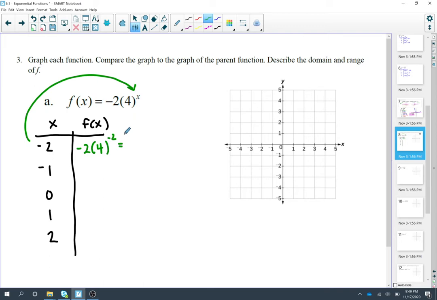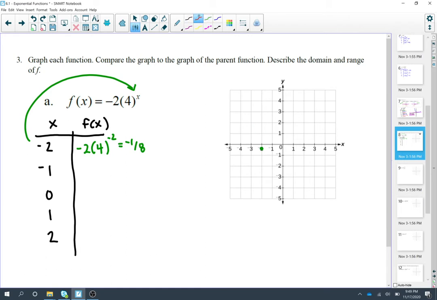Grab your calculator, substitute that in, and we're going to get -1/8. Or if you're using a calculator that's going to give you a decimal, it's the same thing as saying -0.125. It doesn't matter which one you're using. So -2, -1/8 is just about there.